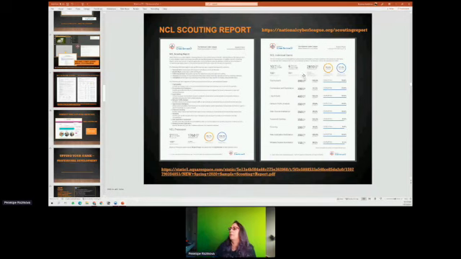Then if they wanted to read more, they could go to the wordy page. But it gives a really good picture of what you were able to accomplish during the NCL games and what your strengths and weaknesses are. So it's an amazing tool.